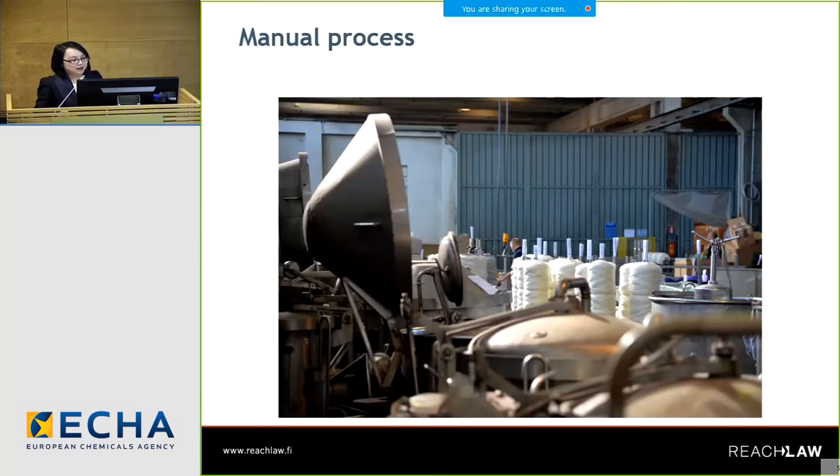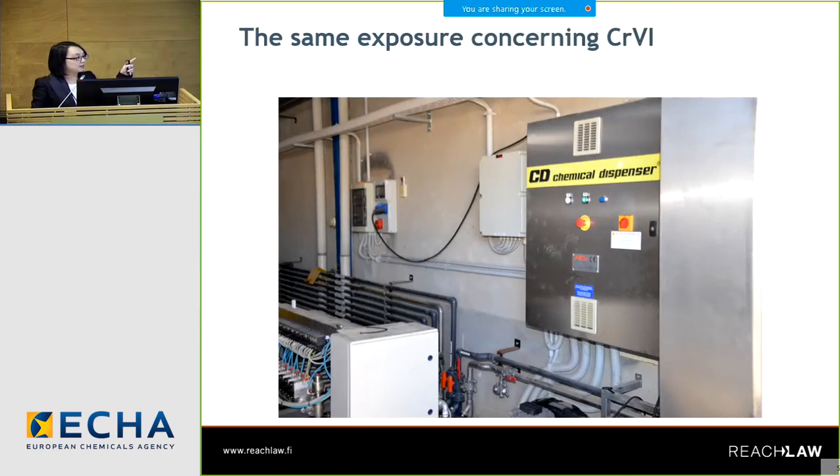And then we have another company. You can see a similar thing, but you need people who put the yarns on the hook and then open it. It's kind of manual, and intuitively, you wouldn't put these 2 together. However, even this company with a manual process has a completely automated closed dosing dispenser. So everything related to the Chrome 6 process was automated and closed.